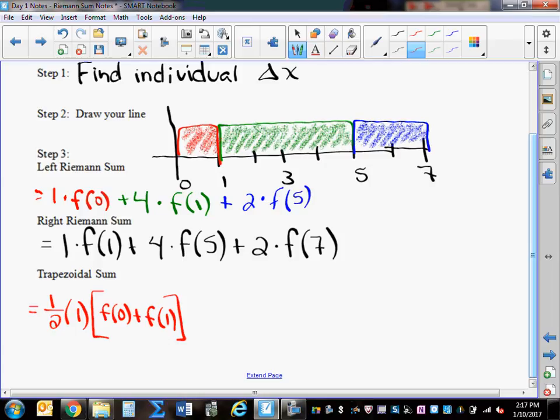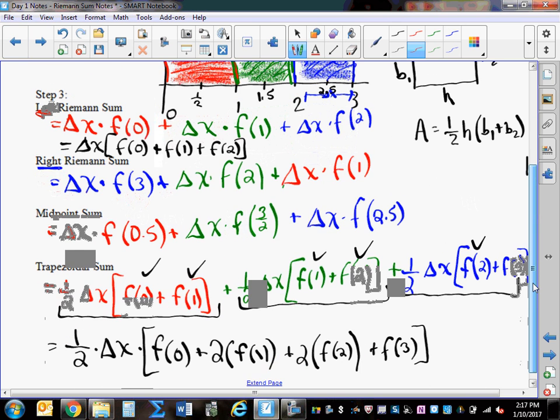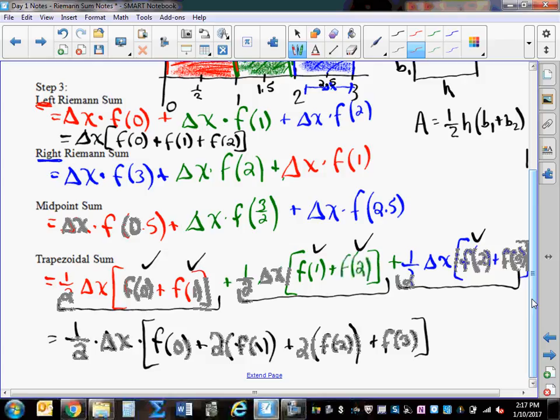Actually, if we look with our unequal widths, we can't condense it down, because the reason we were able to condense down our last one is because they all had not just 1/2 in common, but they had the delta x in common. It was the same width every single time. So you could pull out that 1/2, but it's not the same width for every interval, so you couldn't condense it down to this nice formula here.